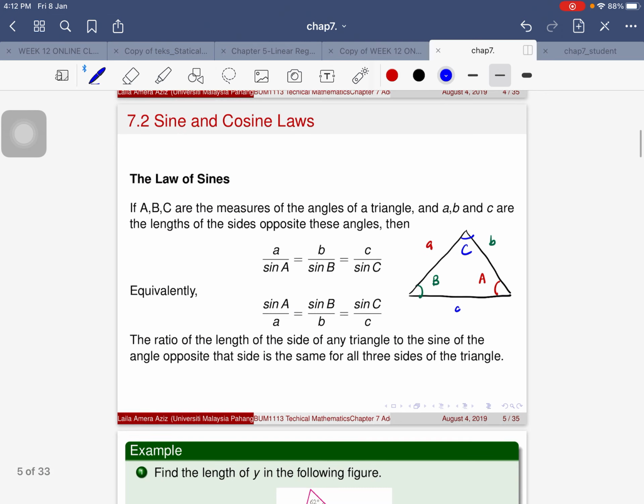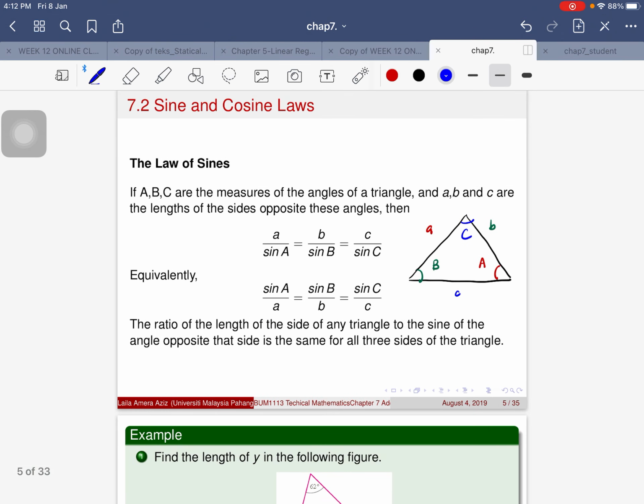Okay, so now let's start with the sine law, the law of sines. The law of sines says that if A, B, C are the measures of the angles of a triangle, so capital A, B, and C represent the angles, and the small a, b, and c represent the lengths of the sides opposite these angles.